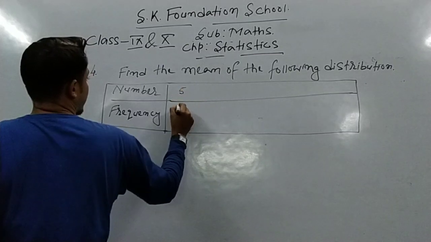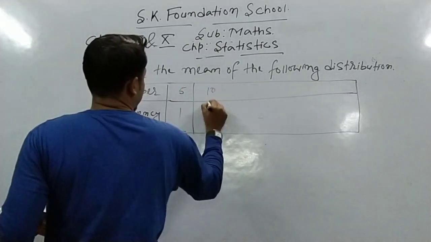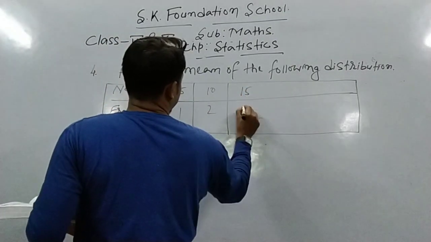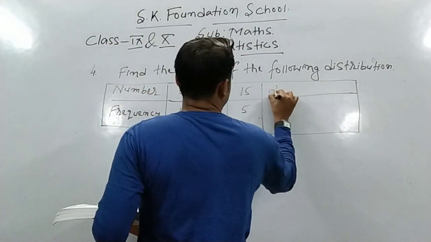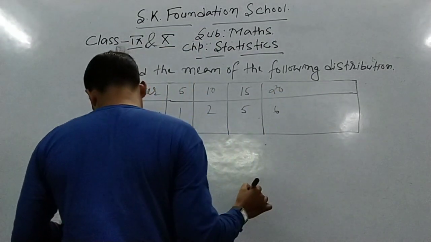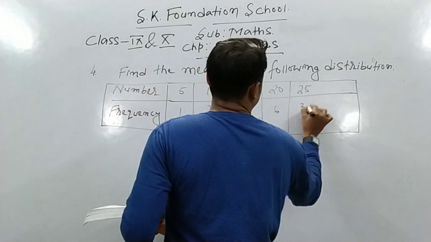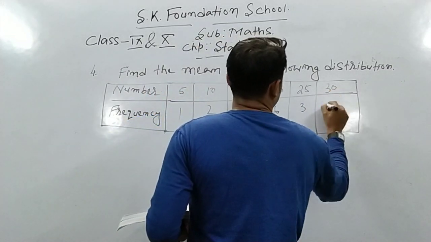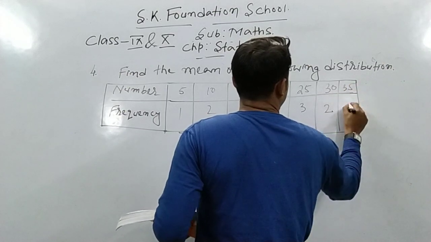First number 5, frequency 1, second 10 and 2, 15 and 5, third 20 and 6, 25 and 3, 30 and 2, next 35 and 1.